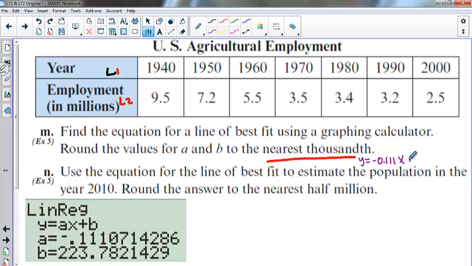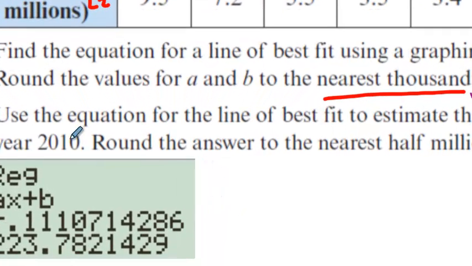X plus 223 plus 0.272. Okay, so this is M. What do I do for N? How do I find N? What am I going to plug it into?